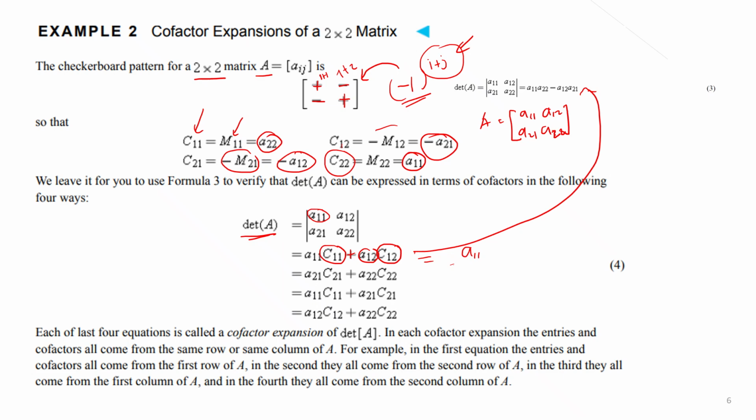A11 multiplied by A22, which is C11 here, plus A12 multiplied by minus A21. This is equal for all of these, and this will be called later on the approach to calculate the determinant by so-called cofactor expansion.